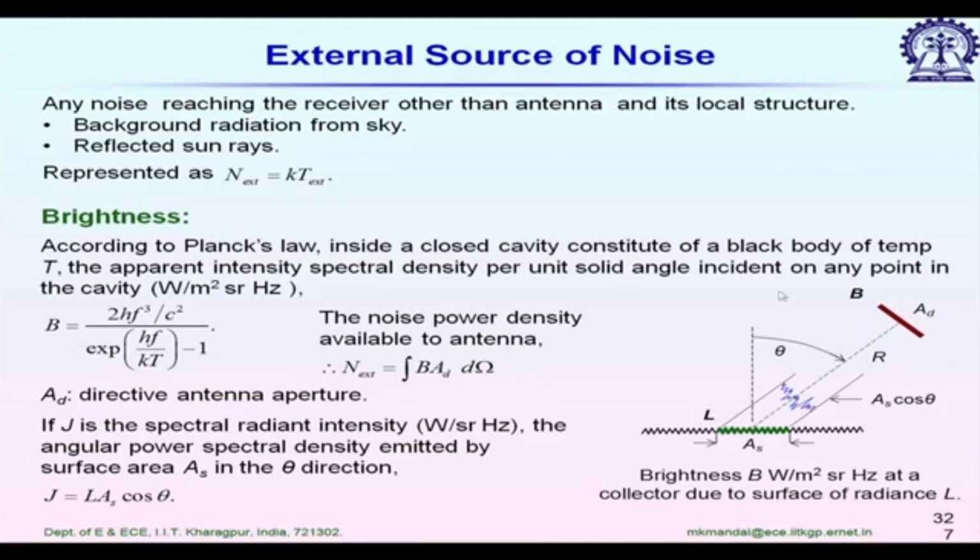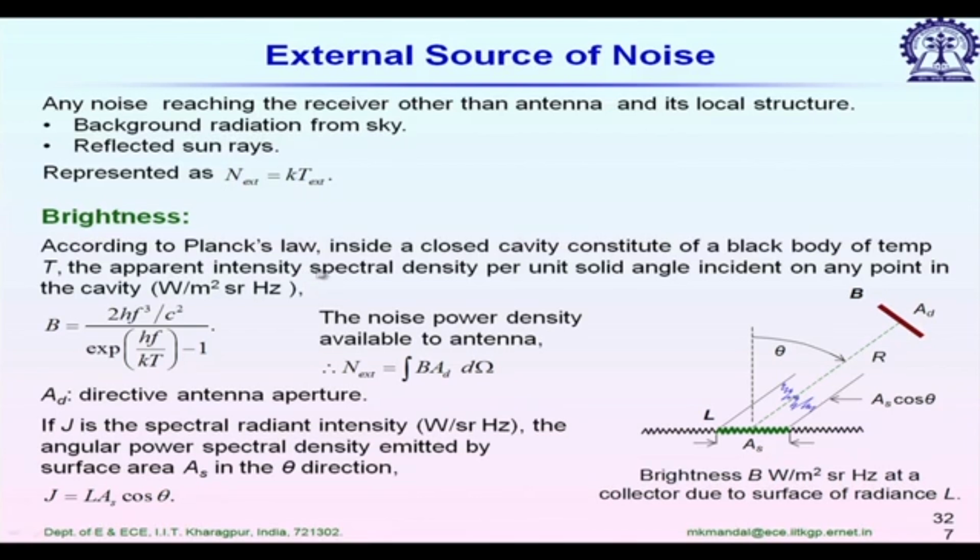So many wireless systems already are in use. It can be mobile base stations, which also radiate their harmonics, and it can be at millimeter wave frequencies. So there are many sources, but here mainly we are going to concentrate on the effect of this downwelling radiation or brightness from the Earth's surface. So let's study brightness in detail then.